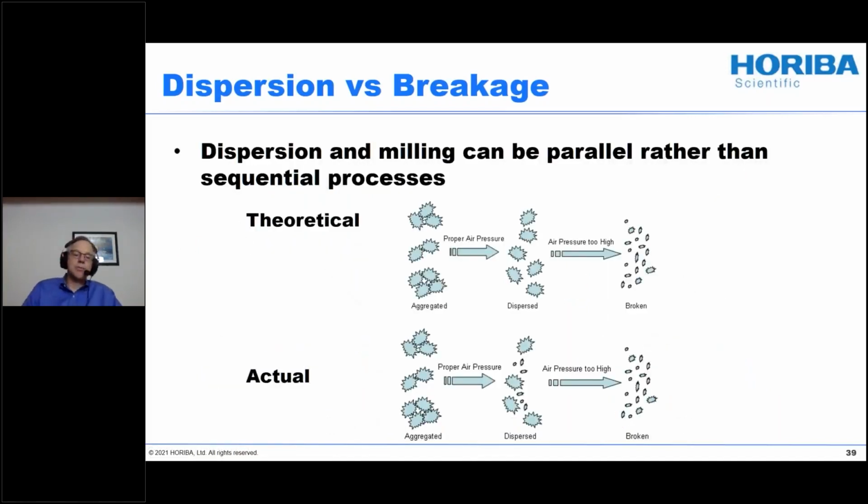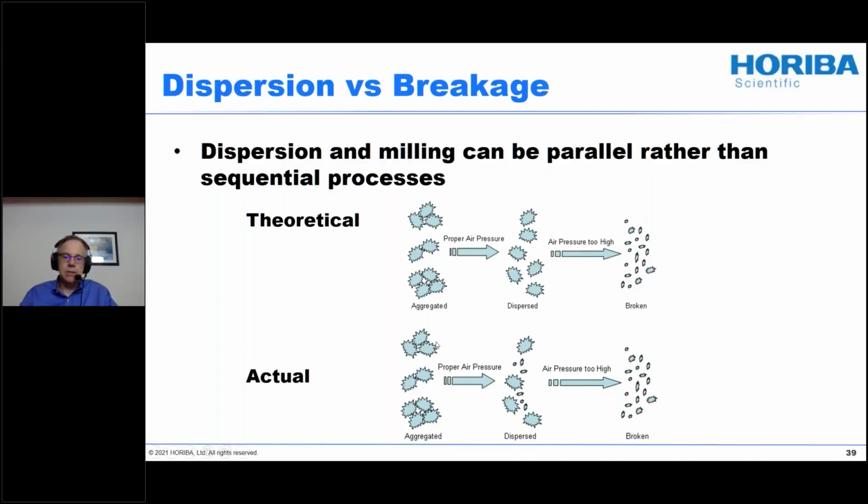And this is because dispersion, which is breaking up loose agglomerates, and milling, which is breaking up your particles, is really a parallel rather than sequential process. So in theory, I'd like to have my aggregates, I add air, they disperse, and if I add too much air pressure or too much ultrasound, they break into small particles.